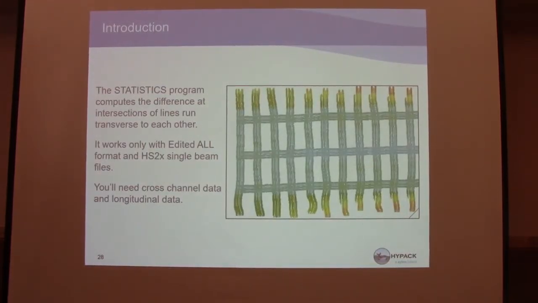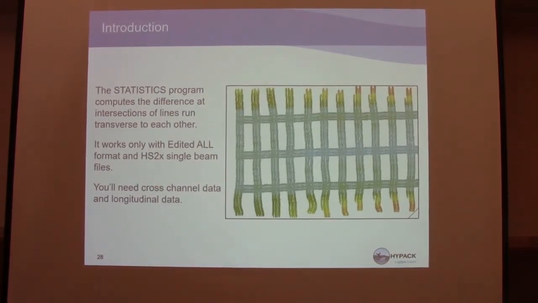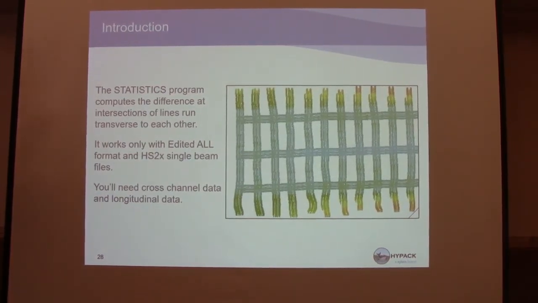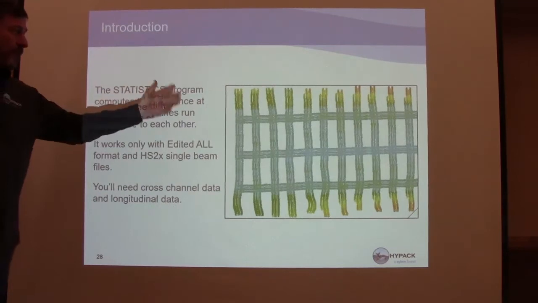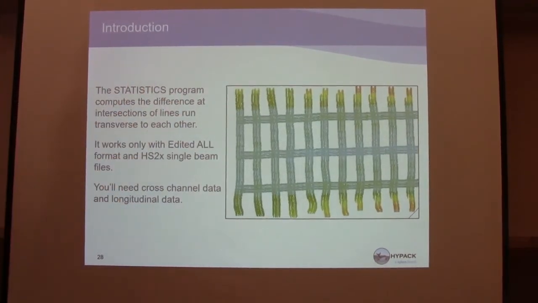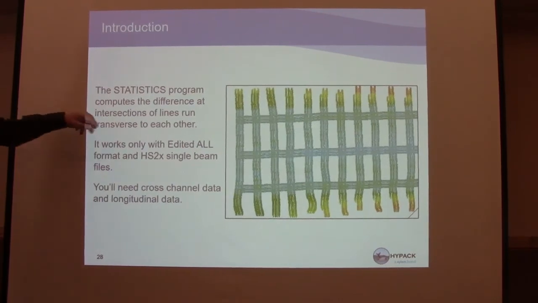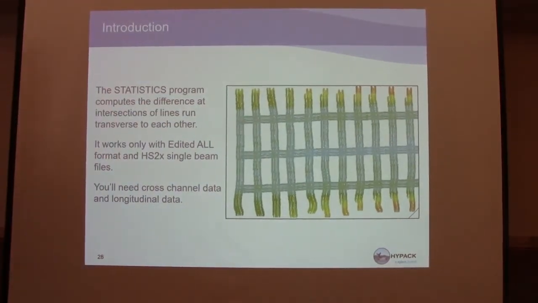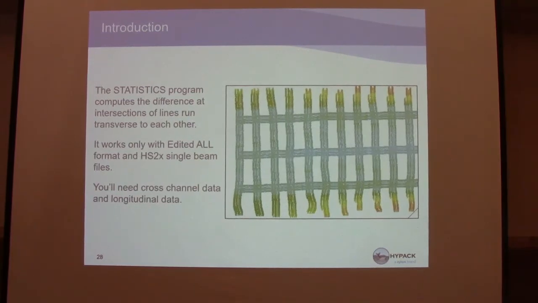You take in your survey lines, your cross sectional lines, and also your longitudinal lines, your check lines, and it computes the difference at the intersection locations and gives you stats based on those. Again, it works with your edited single beam data. It's not going to work with multi-beam. Multi-beam has its own stats tools in NBMax.